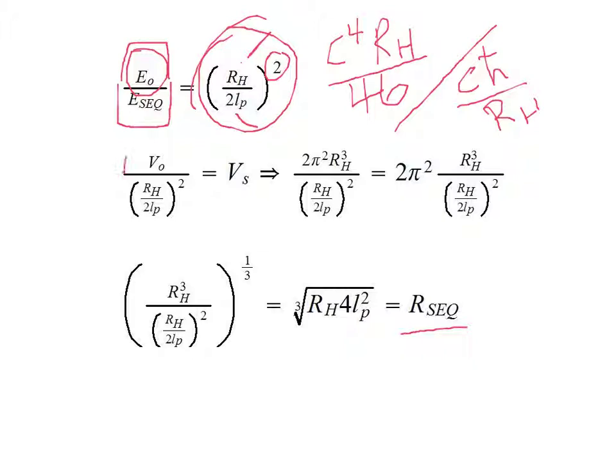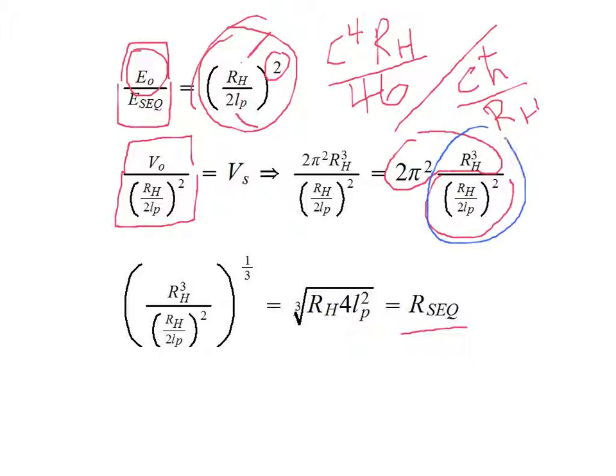We'll take the volume of the observable universe and divide it by the number of small energy quanta within it, and we get 2 pi squared times the radius of the hyperverse cubed divided by that large number. What we want is the radius, and this is the radius cubed, so we'll take the cube root of that, and we get the cube root of R sub h times 4 times the Planck length squared.